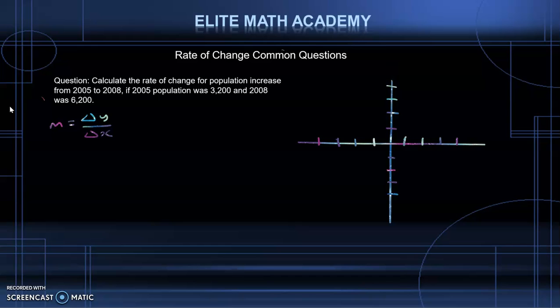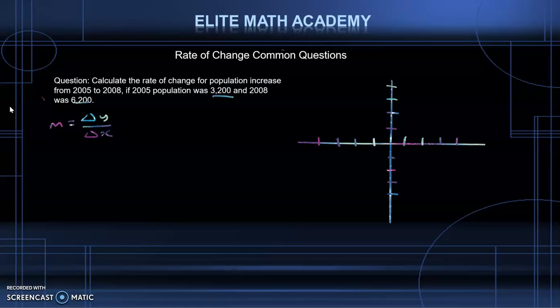If we're given years and we're given the population, the increase happens with the population, right? So we first have 3,200 in 2005, and then we have 6,200 in 2008.